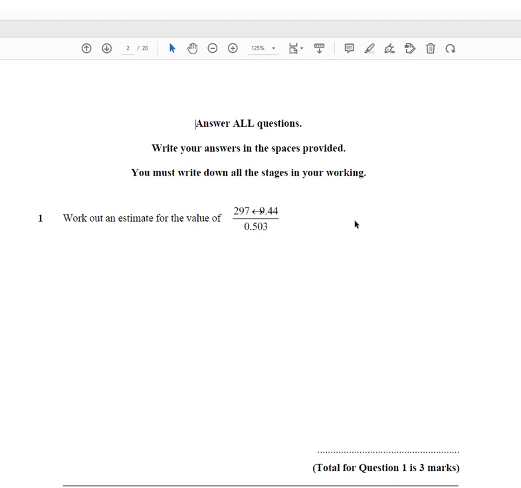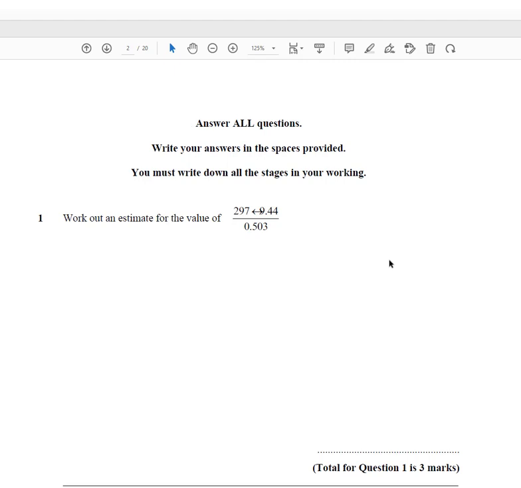Just a reminder, as a tip, you're going to be dividing by 0.5. Now, dividing by 0.5 is not the same thing as halving a number. If you think about it, if you wanted to say how many 50p's, which is half of a pound, make £4, it would be 4 divided by 0.5. Now, how many 0.5s make 4?